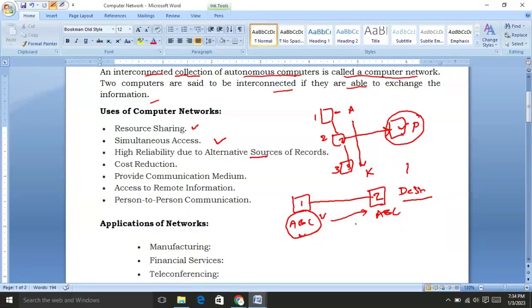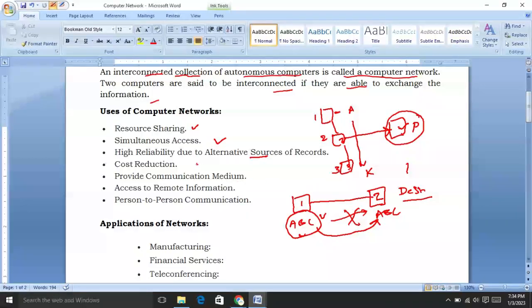Even if the data is lost or corrupted in the middle of the transmission, we can initiate the transmission again from the source system by using the original copy of the data. So it is reliability. That means we can successfully transfer the data even after a number of attempts.